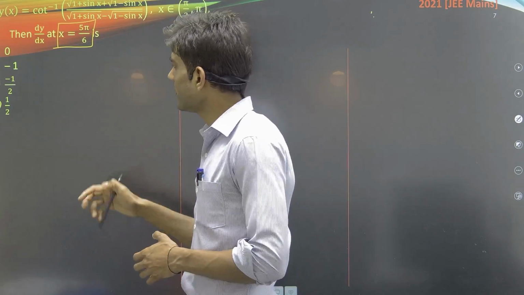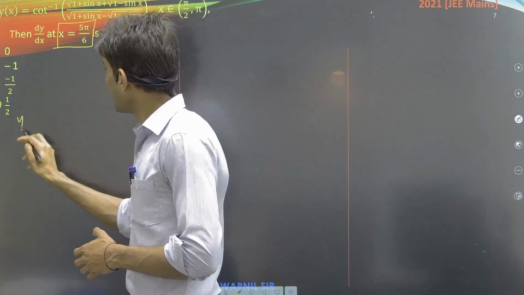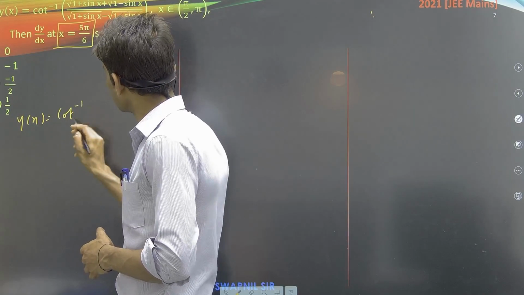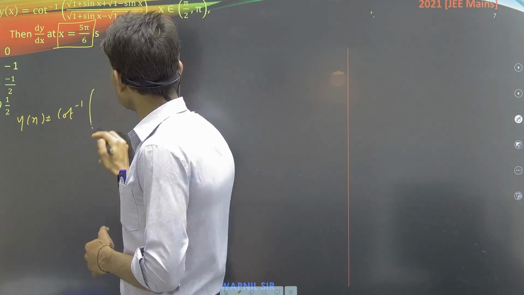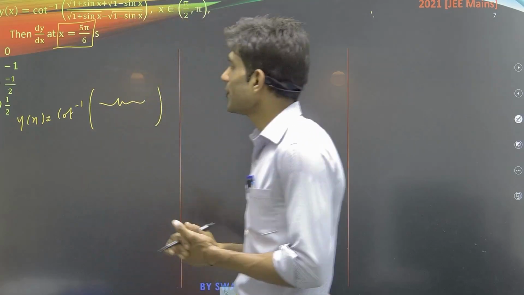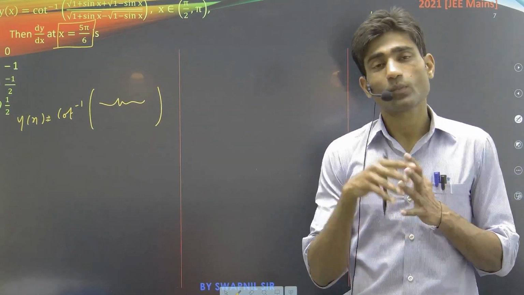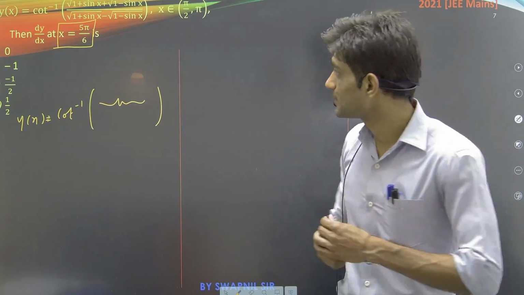So we have an inverse trigonometric term given. Try to simplify it first. So y of x is given in the form of cot inverse of some terms. First of all, we are going to simplify the given term, and then we go for the final answer.